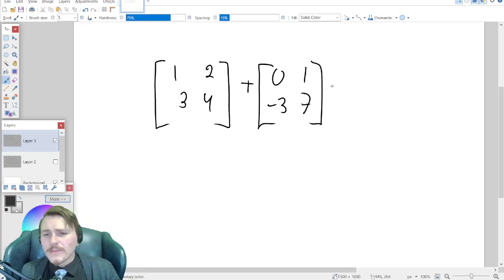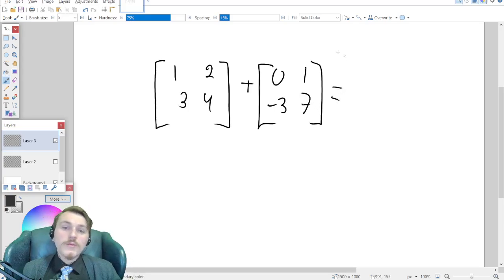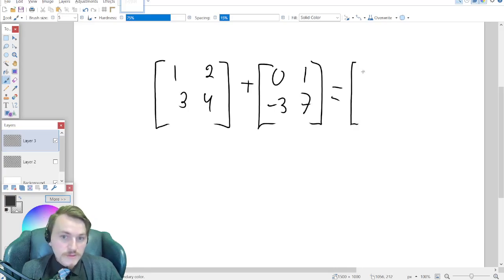We can add them together. How do we add them together? Well, we take each matching index, right? The thing in the first row and the first column of the first matrix will be added to the thing of the first row and the first column of the second matrix to get the thing in the first row and the first column of the sum matrix.